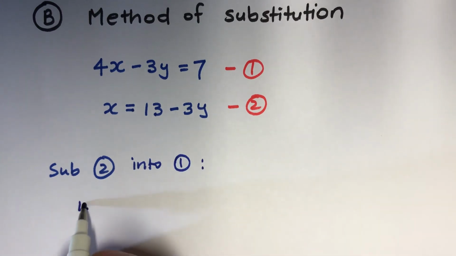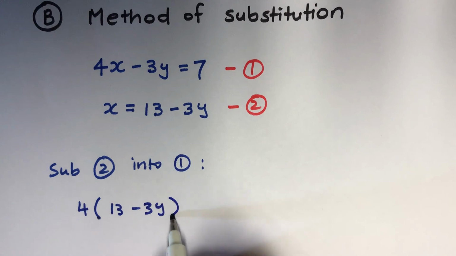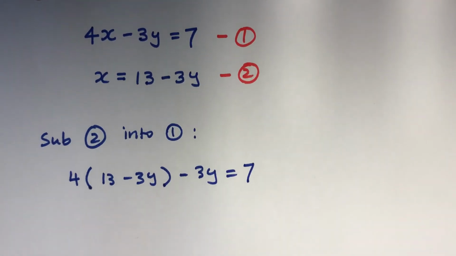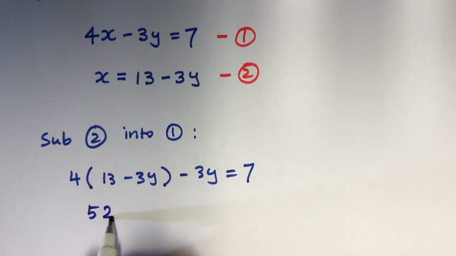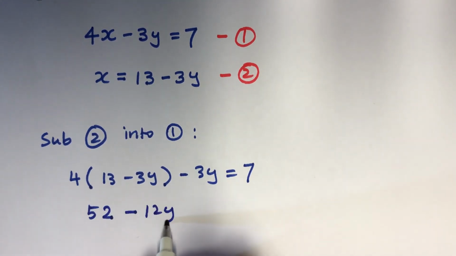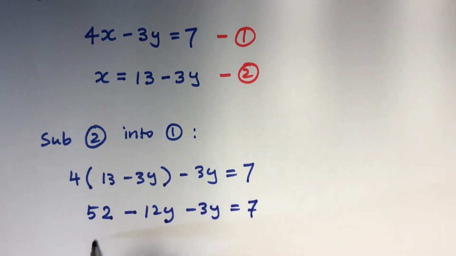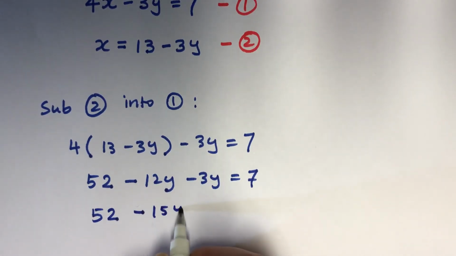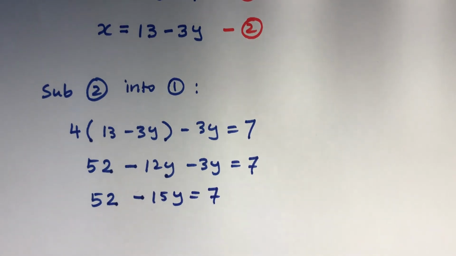So 4 times 13 minus 3y, minus 3y equals 7. And then I'm going to expand this one. 4 times 13, 52, minus 12y minus 3y equals 7. So I've got 52 minus 15y equals 7. Now, you might want to minus 52 from both sides.